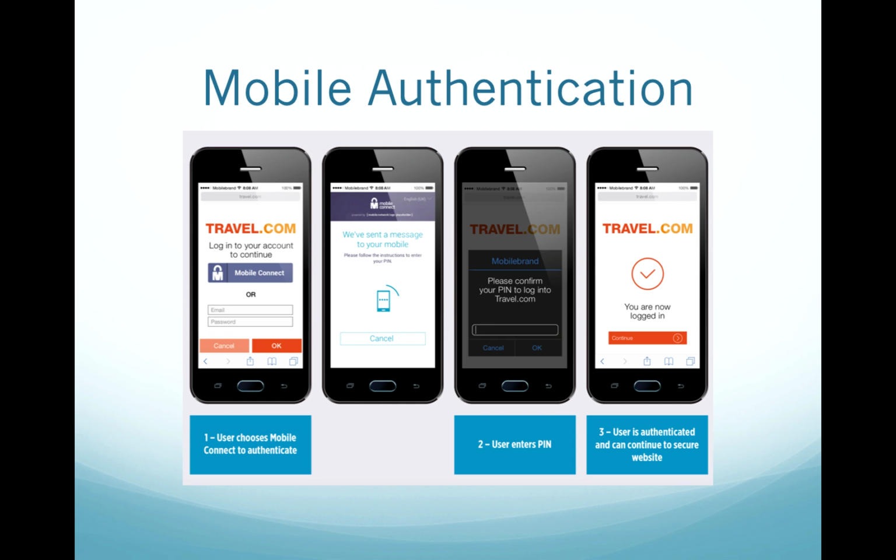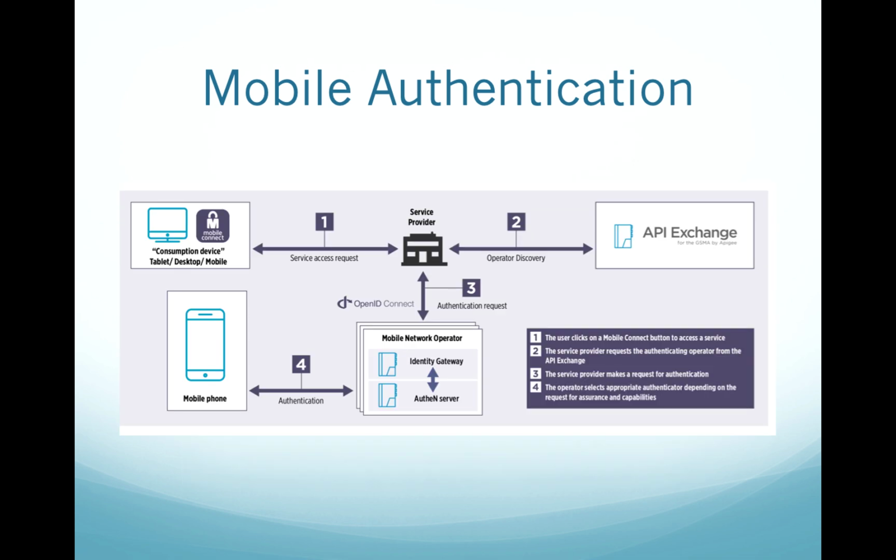Like in the picture you can see, the user logs in with Mobile Connect and then enters the phone number. Whenever you enter a phone number, you will get a message and a PIN to confirm the login to the website. This is how the model works.